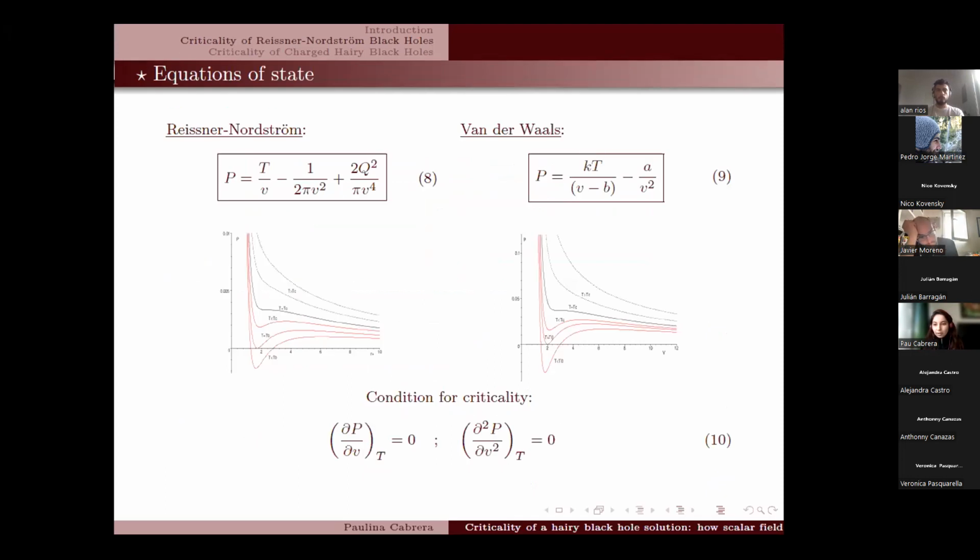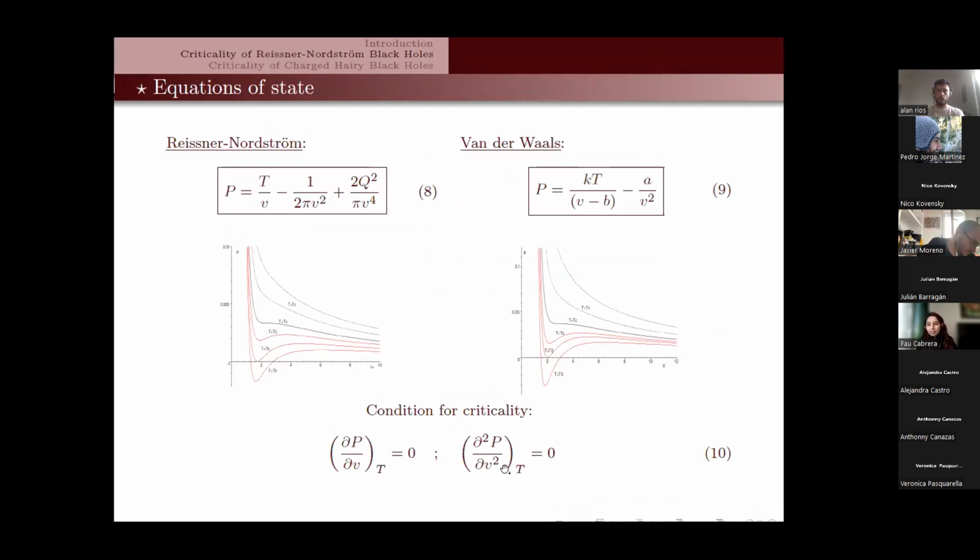For fixed Q, we can find an equation that relates P, V and T, the equation of state, and it can be seen graphically in this left picture, and you can see that it looks very similar to the known van der Waals at the right side. In both cases, phase transition can be roughly seen as the oscillations in one of the isotherms, like here.